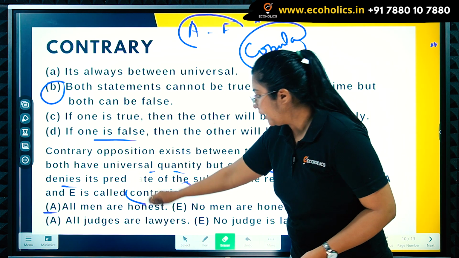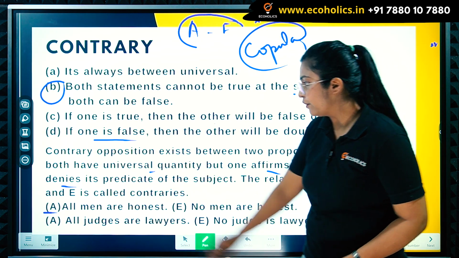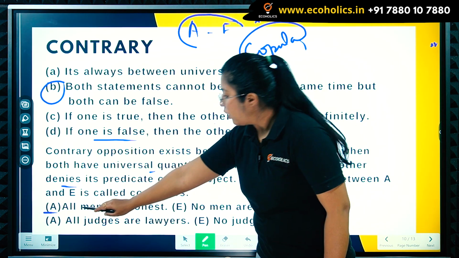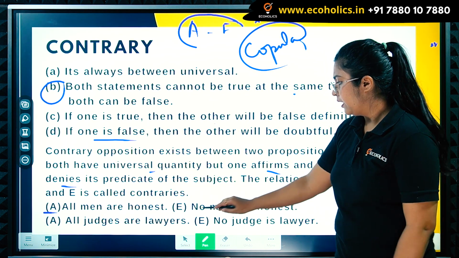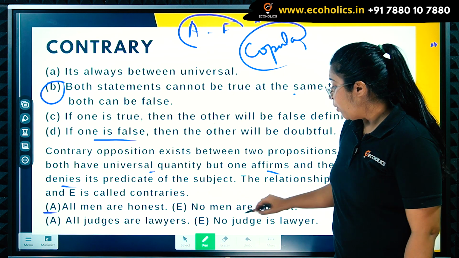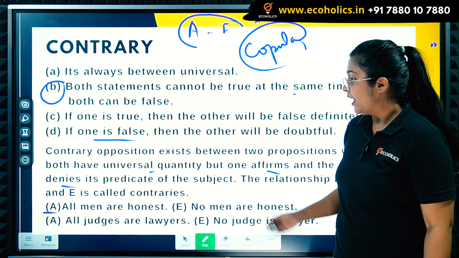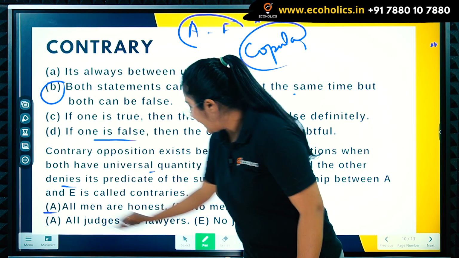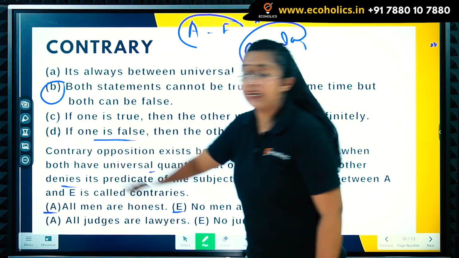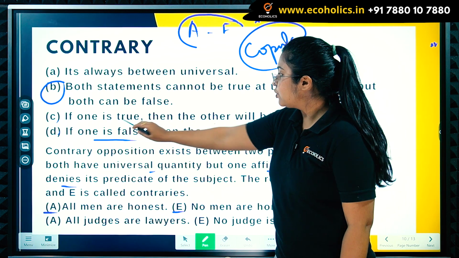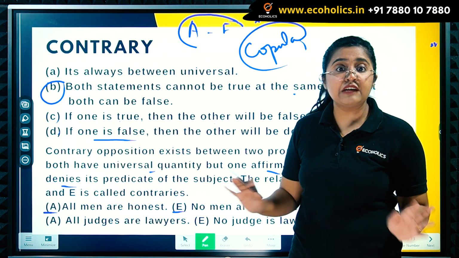So from the example point of view, A type of sentence: all men are honest. E type of sentence: no men are honest. Now A type and E type, look at the rule. If one is true, then the other will be definitely false.